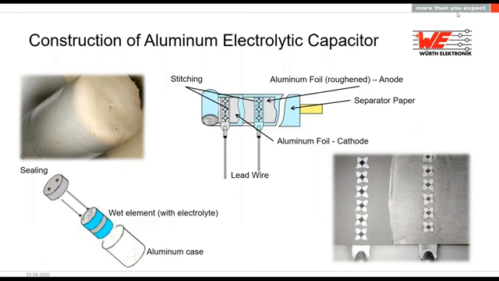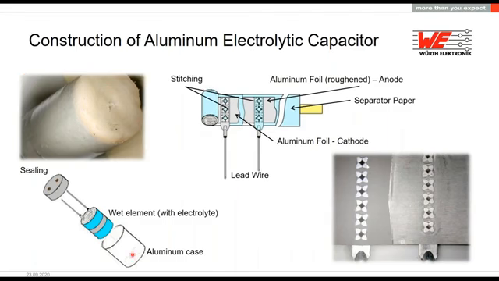Then it gets a little bit more precise for the aluminum electrolytic capacitor. In the upper corner here, you see what the winding of the foil looks like when it's wet; we destroyed the cap to make this picture to see how it looks inside.